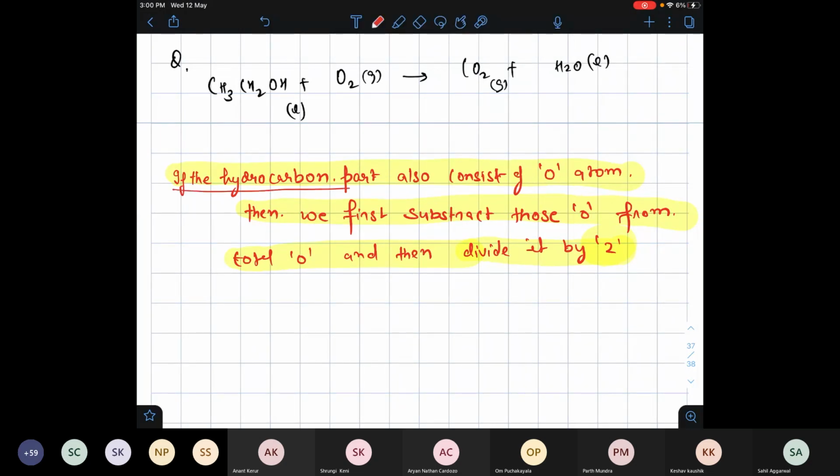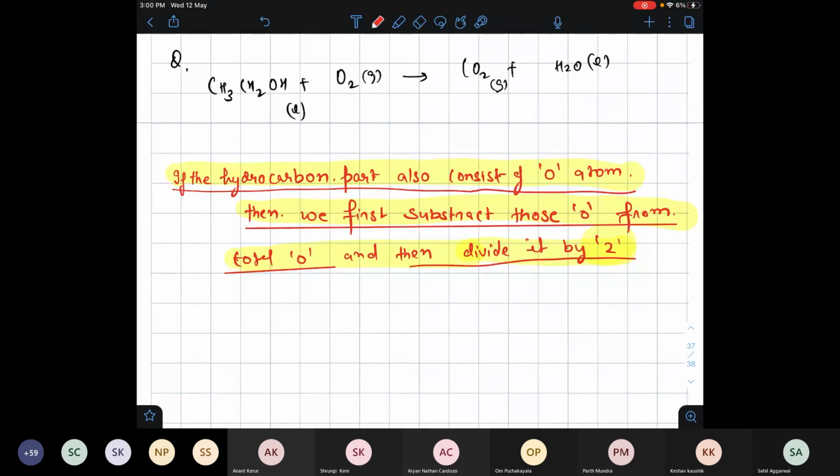If the hydrocarbon part also consists of oxygen, then we first subtract those oxygen from total oxygen and then divide it by 2.